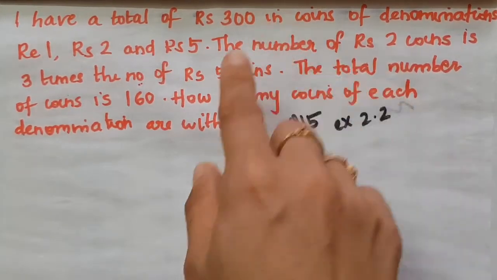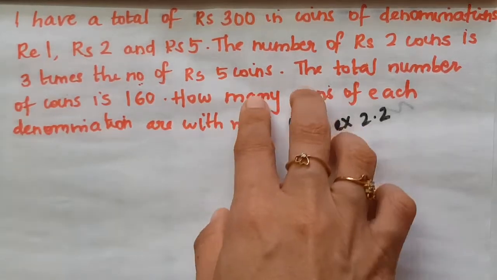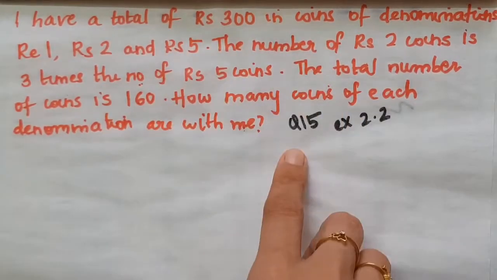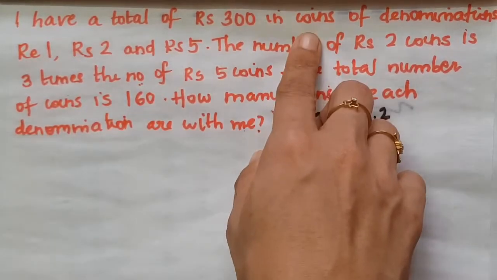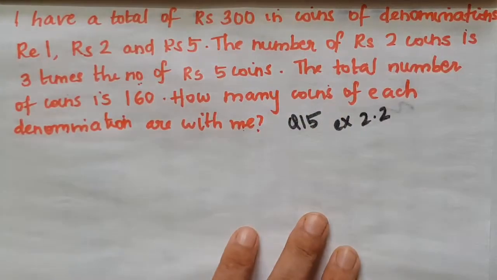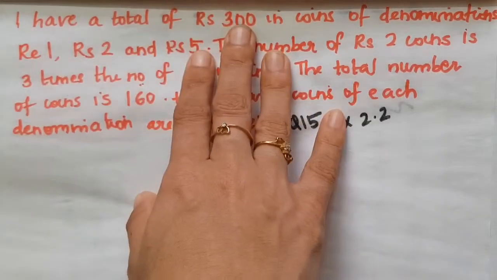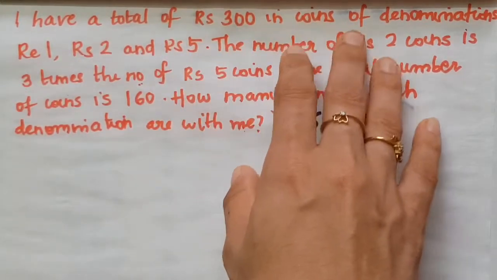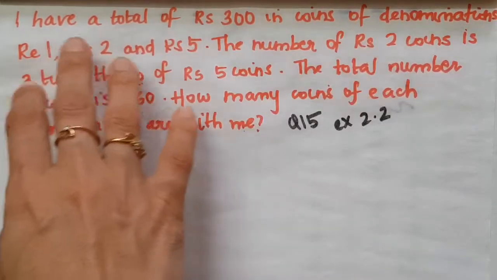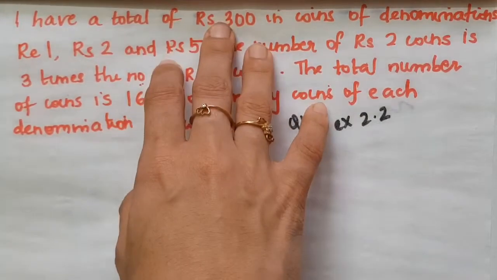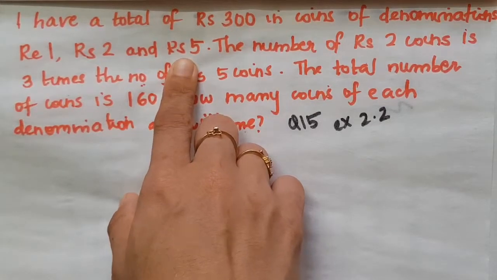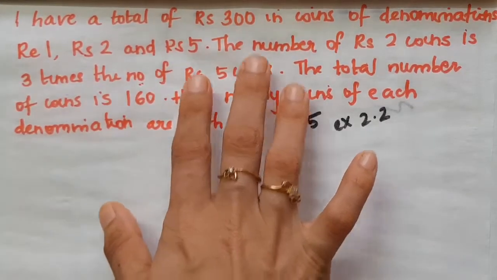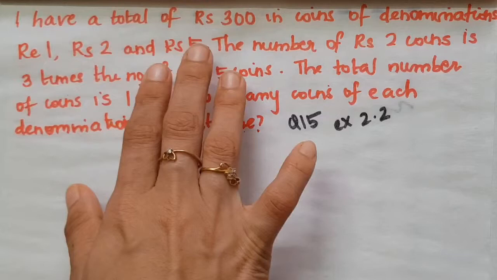Okay, so read the question twice and understand each piece of information from the question. It is said that I have a total of rupees 300 in coins. So the total amount of money with me is rupees 300, in coins of denominations rupees 1, rupees 2 and rupees 5 only. So 300 is made from these 3 coins only.